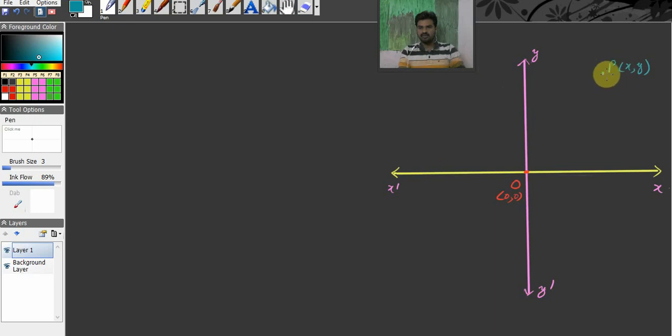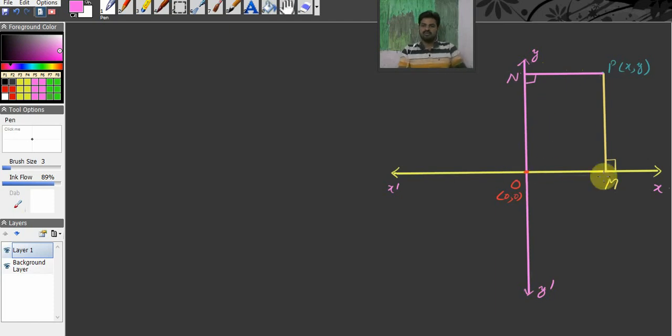Now we have to draw the foot of the perpendicular from P to the x-axis. Let the foot of the perpendicular from P to the x-axis be M. Foot of the perpendicular means the perpendicular to the x-axis from the point P. In the same way, the foot of the perpendicular of P from the y-axis, I have taken as N.